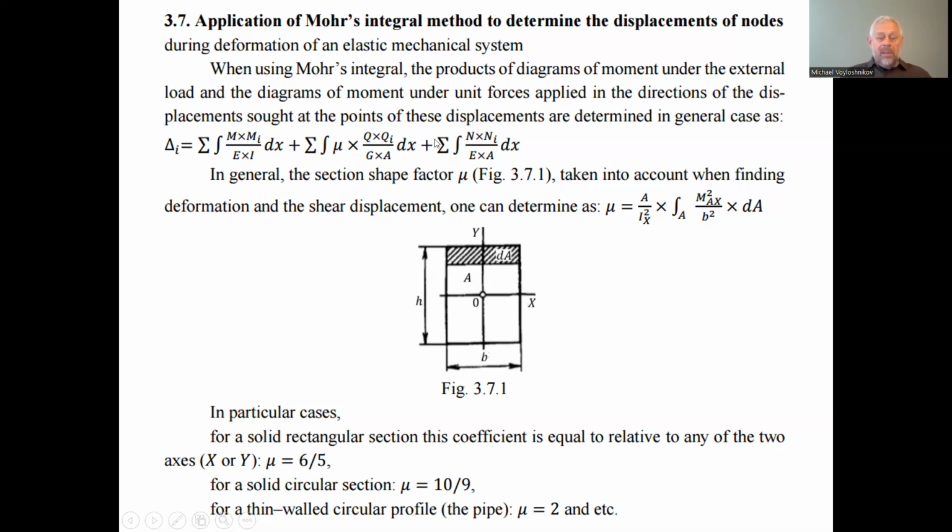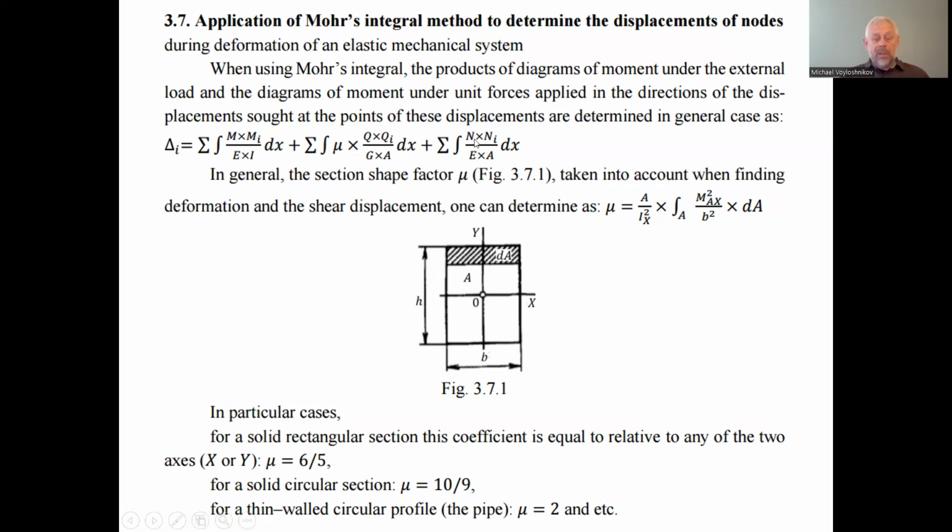The third summand is a total of integrals. In the integrand we have a fraction. In the numerator we have the product of the ordinate of the diagram of longitudinal force of all external loads acting on the mechanical system, multiplied by the diagram of longitudinal forces under the influence of the unit force in the direction I, in which we want to find the displacement.